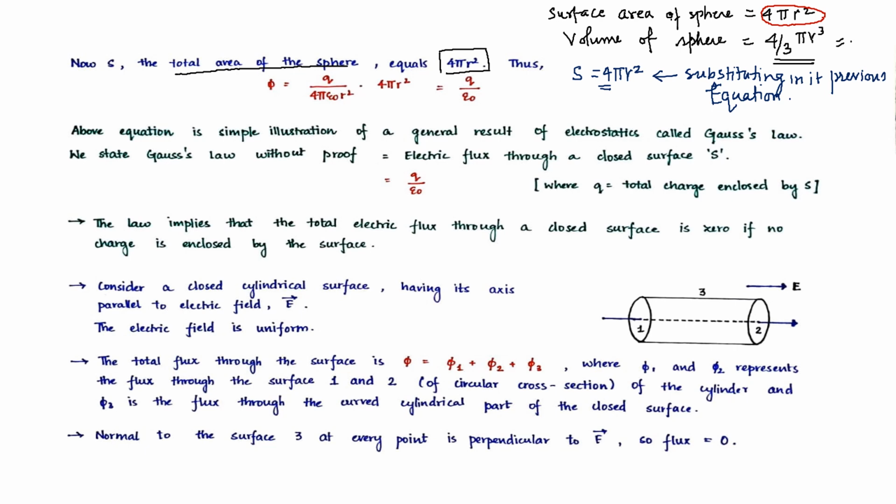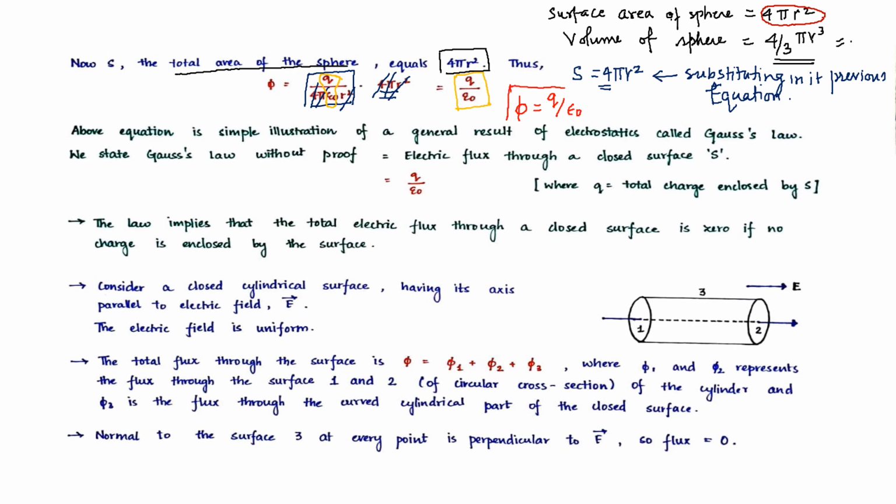So this was our constant, and this is the surface area of the sphere. Now see, 4 cancels 4, pi cancels pi, and R square over here and R square over here get cancelled. What are we left with? We are left only with Q and epsilon naught. So what does it give us? It gives us xi equals Q by epsilon naught.